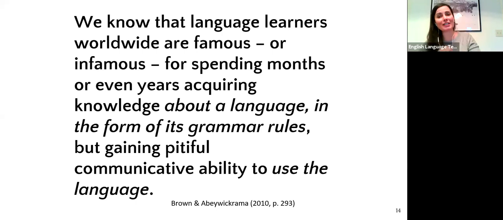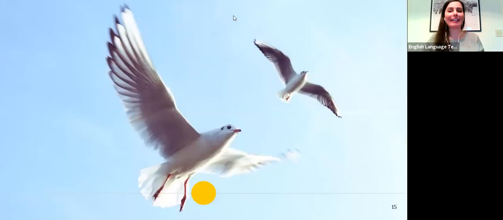Not only grammatical choices, but also vocabulary choices and intonation choices. We know how to do that precisely. But we need to teach our students to do that as well in their second language, and grammar is a big part of it. So we need to help them fly and actually use language.